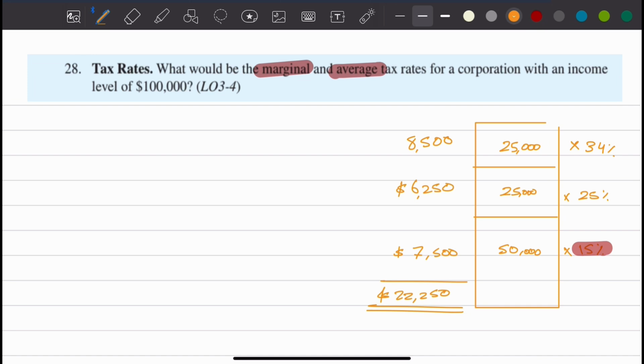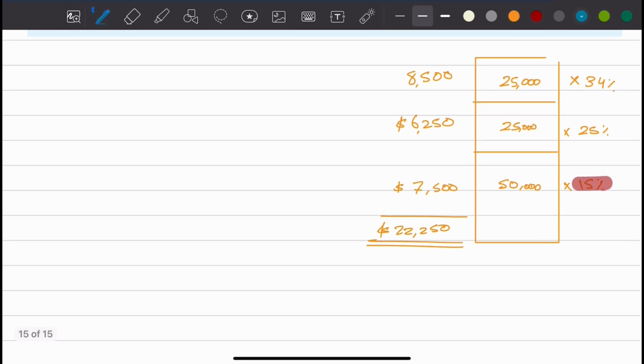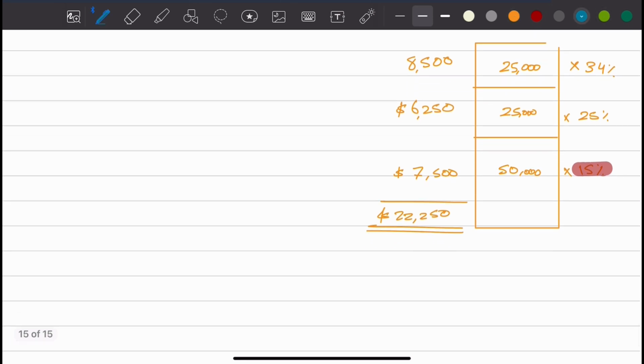But you don't want to do this in your exam. I'm doing this just to clarify why I'm going to calculate the tax amount the way I'm going to do. What you should do is simply do the exact same thing but in a formula format. So taxes at 15%, this tax rate is only going to apply to the first 50,000.